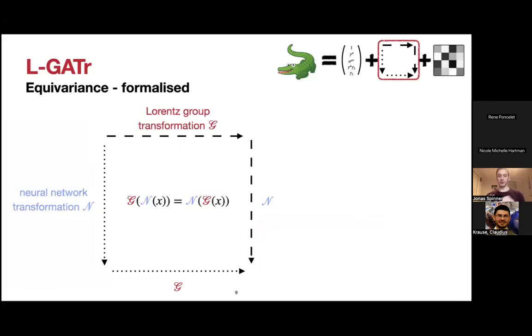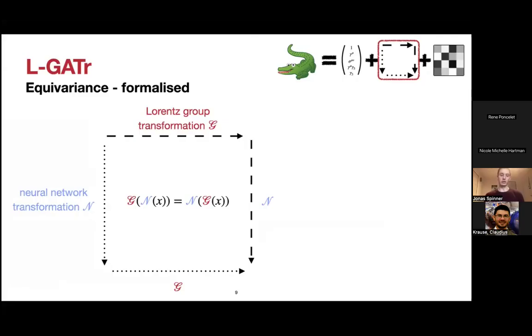Okay, but before we go into how we actually do it, a bit of formalism. What equivariance means in a more mathematical sense. So essentially it means that if you take a Lorentz transformation and a neural network transformation, these two transformations commute.